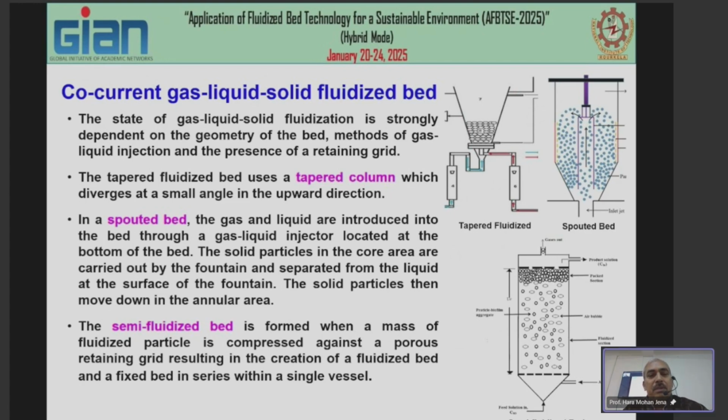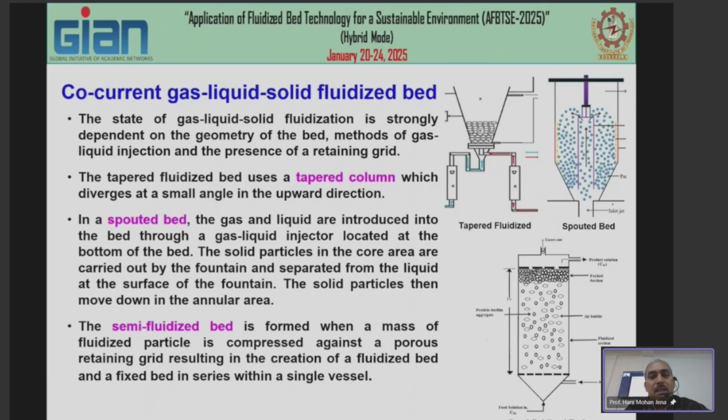The tapered fluidized bed uses a tapered column which diverges at a small angle in the upward direction. And in a spouted bed, the gas and the liquid are introduced into the bed through a gas liquid injector located at the bottom of the bed.